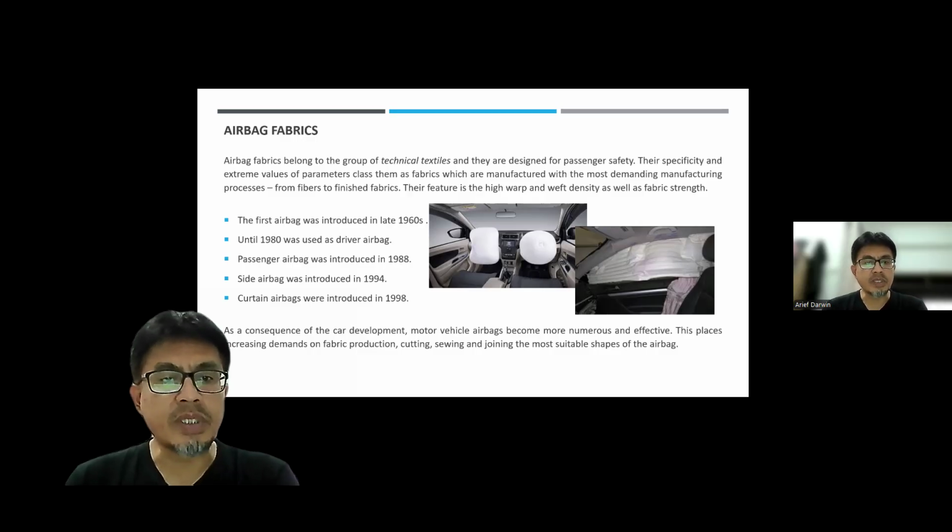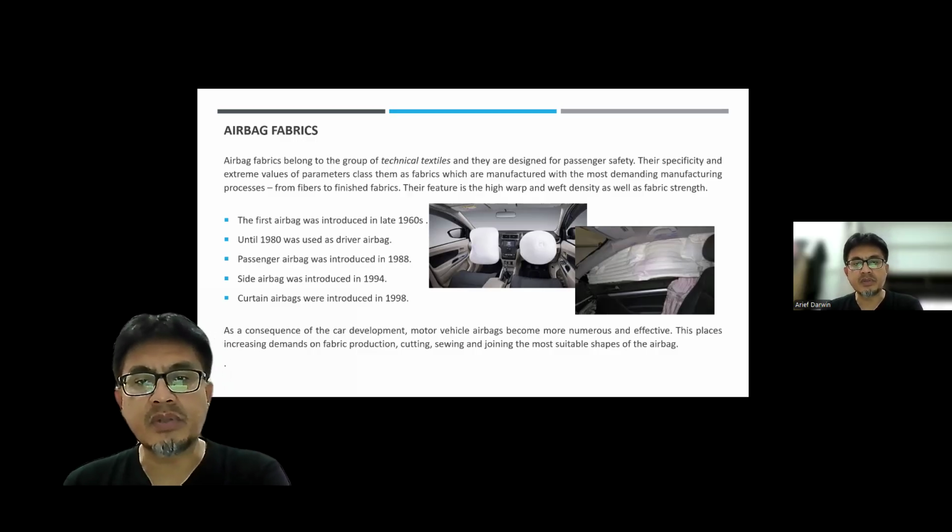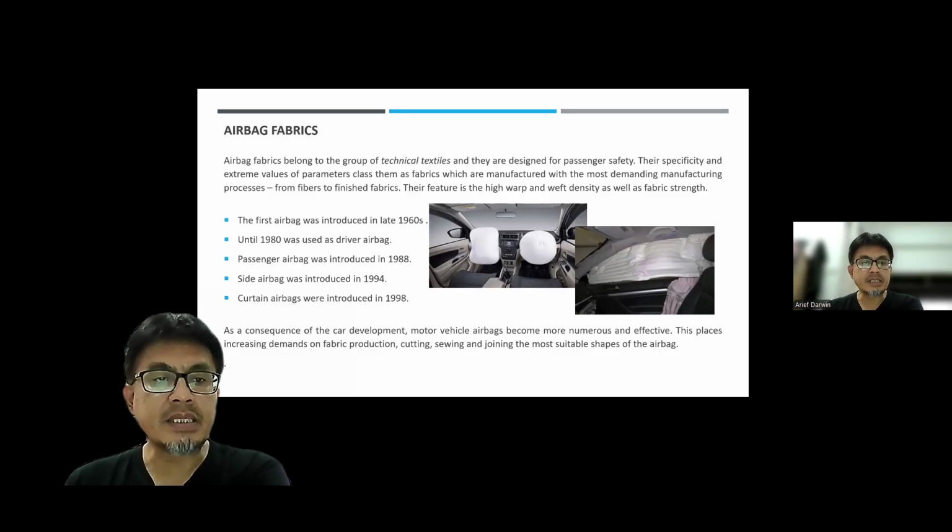As a consequence of car development, motor vehicle airbags become more numerous and effective. This places increasing demands on fabric production, cutting, sewing, and joining the most suitable shape of the airbag.